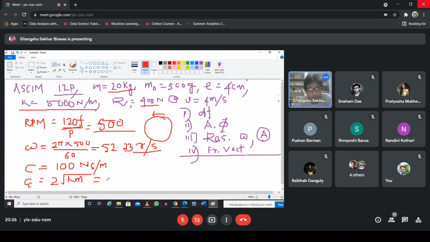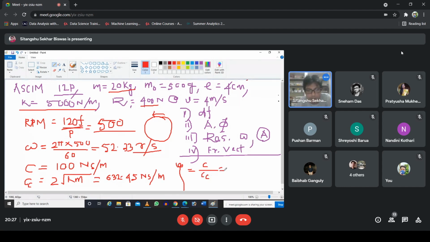632.45 Newton second per meter. So the damping factor zeta is equal to C by Cc.